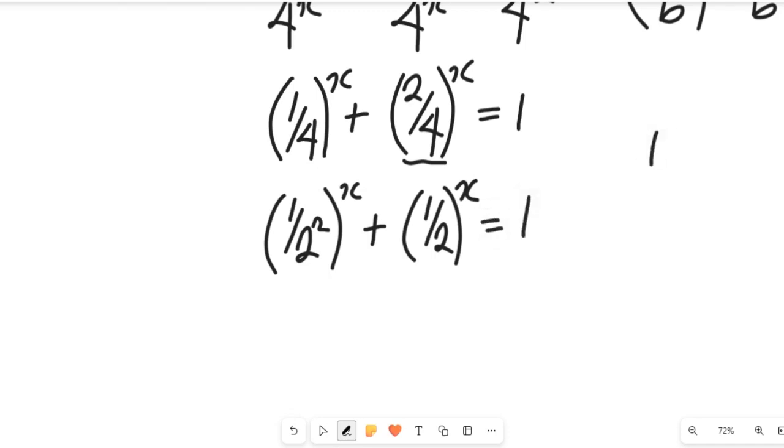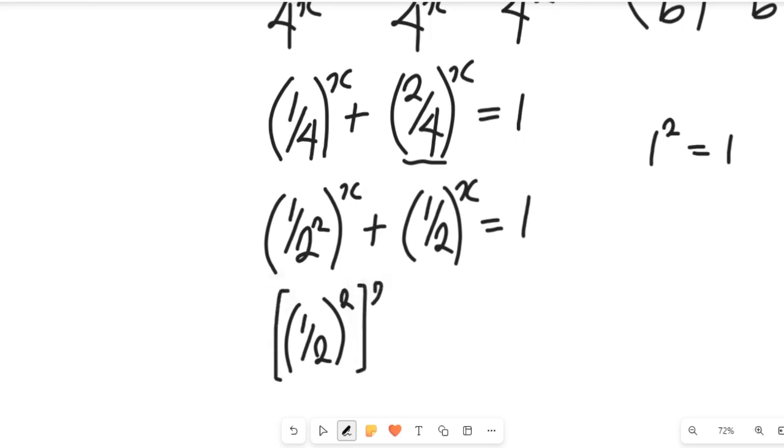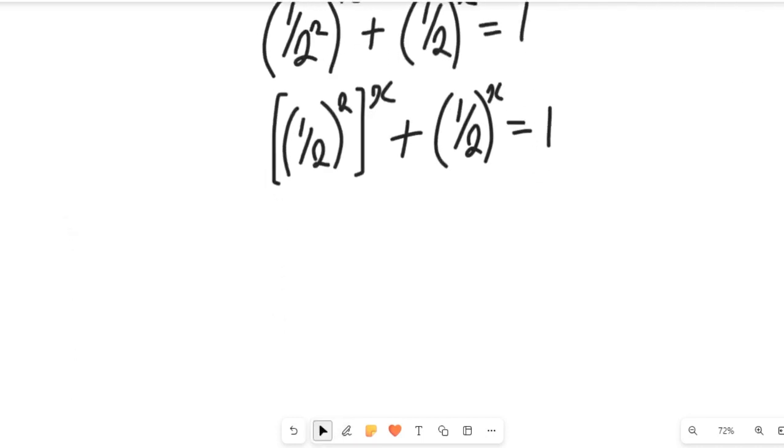Now, 1 squared is still equal to 1, right? So if we have 1 squared over here, this can be 1 divided by 2, all squared, and all to an external exponent of x, plus 1 divided by 2 all to the power of x, and this will be equal to 1. Fine. Now let's simplify this equation further. To do that, I want us to recall a law of indices.